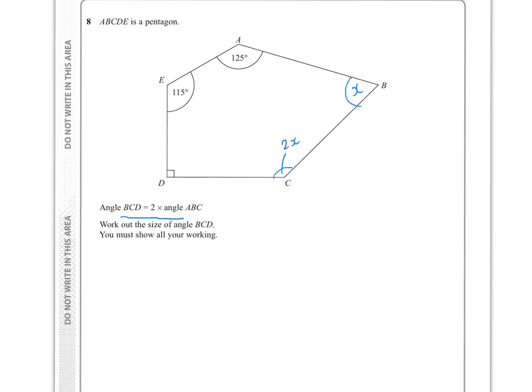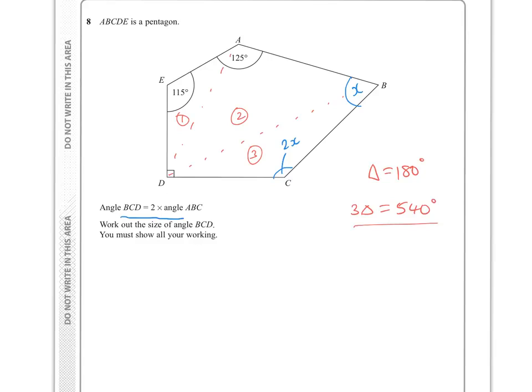Well, one way of looking at this is we can split it up into as many triangles as we can. And we know that one triangle is 180 degrees, but we have 1, 2, 3 of them. So 3 triangles on your calculator, that will give you 540 degrees.